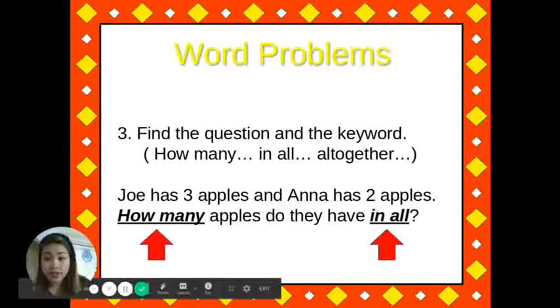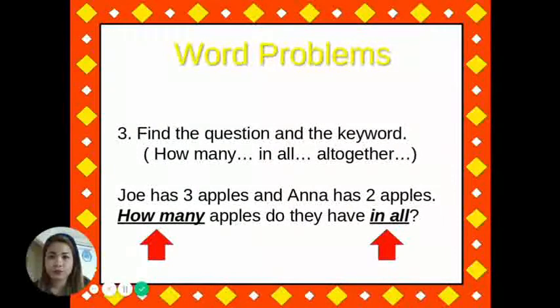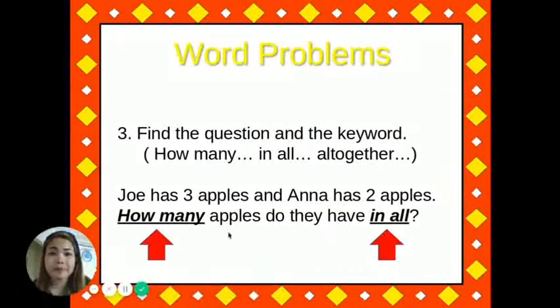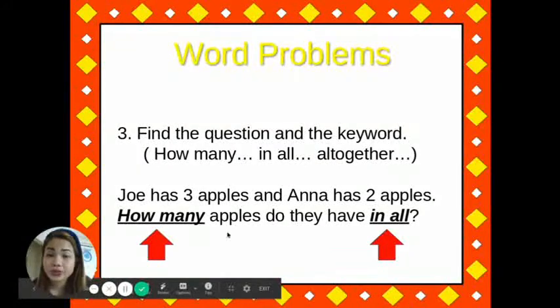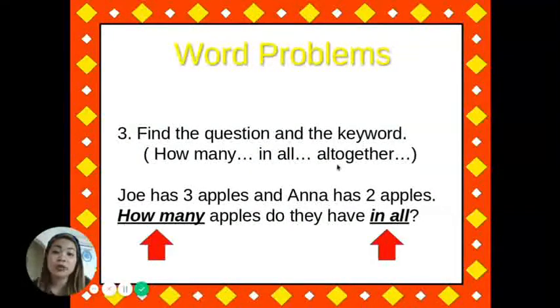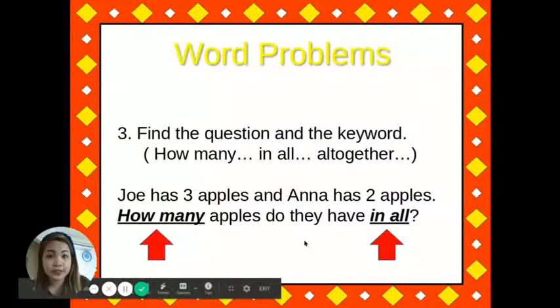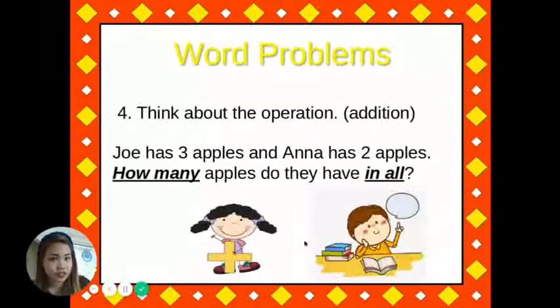Since we're just talking about addition, definitely it's addition. But we have to look for the keywords. So the keywords will be how many and in all. So those are the keywords. If you see words such as how many, in all, or even all together, or sum, remember, they will tell you that you have to do addition.